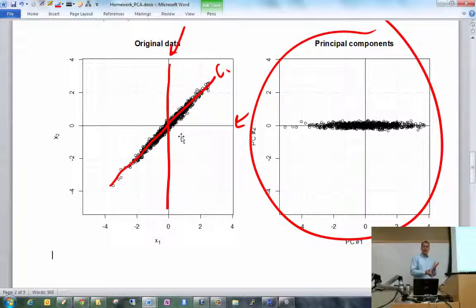If instead x1 and x2 were, if you imagine, let's say, a completely random scattering of points on that particular plot, principal component analysis would not help because x1 and x2 are representing essentially distinct sets of, they're describing distinct parts of your overall problem of interest.